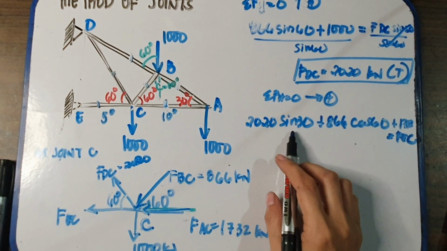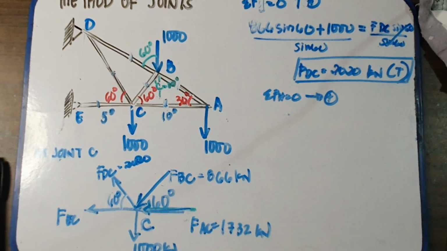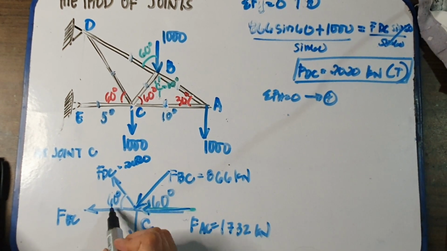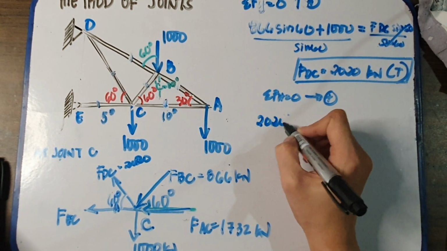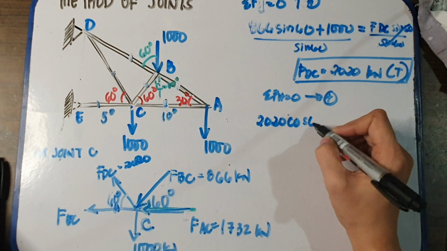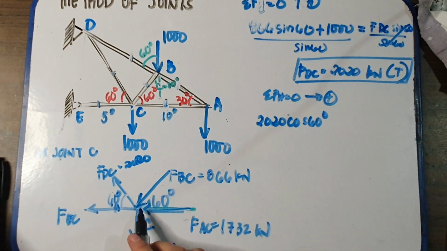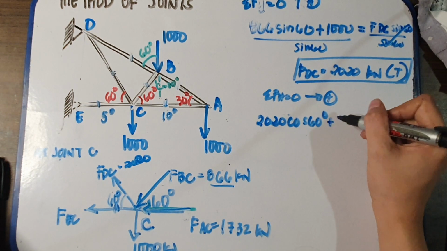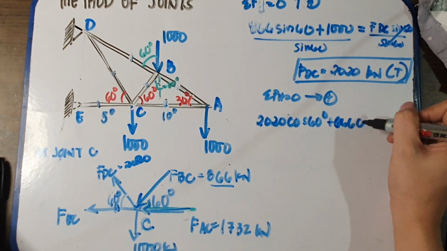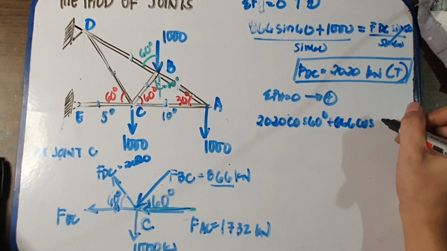Okay, kung ayaw nyo gamitin si sine, okay lang. Pwede nyo gamitin yung cosine. So, ayusin natin. Sabi ko, 20 cosine of 60 degrees. Okay, ito rin, cosine din nito. Plus 866 cosine of 60 degrees.